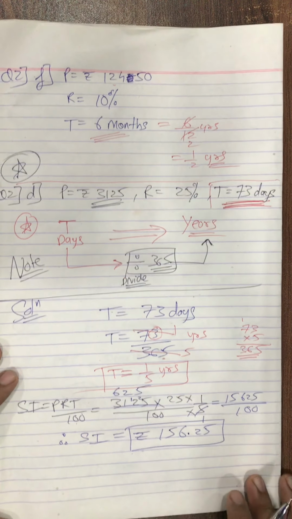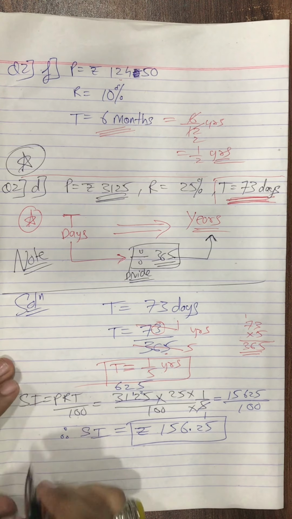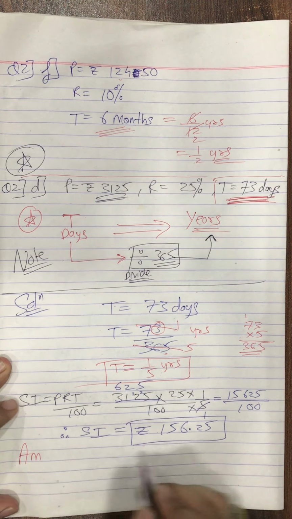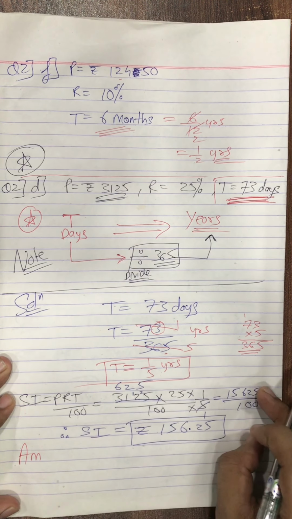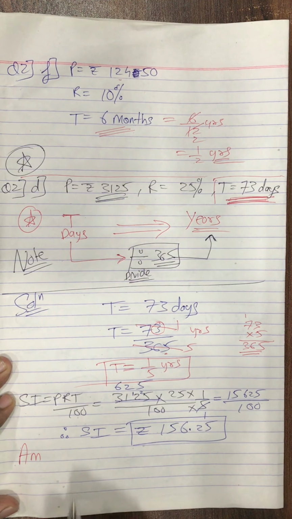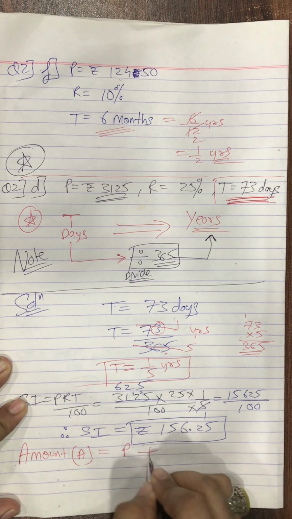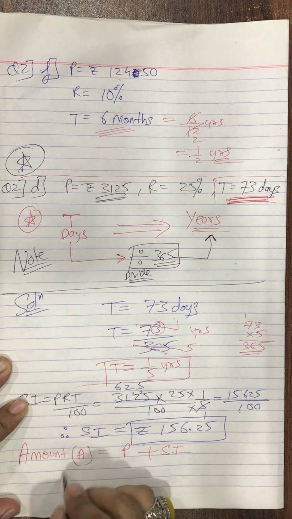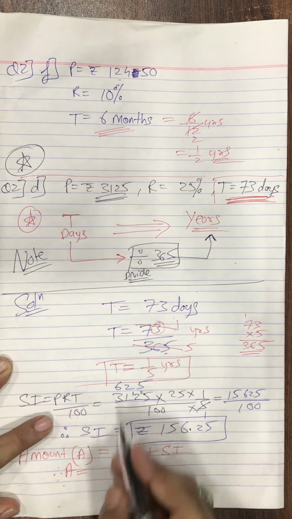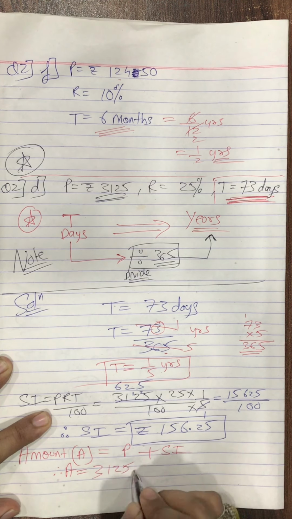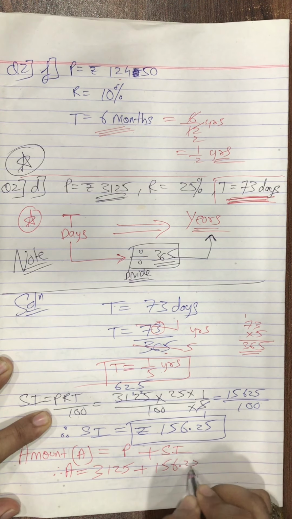Now the things are done, students. The last step is to find the amount. I don't have place, that's why I'm not leaving a line. You have to leave sufficient lines, and you don't have to do this horizontally. You have to do one below another. Amount is denoted by capital A. The formula is principal plus simple interest. My principal is 3125 plus simple interest, which I just got as 156.25.